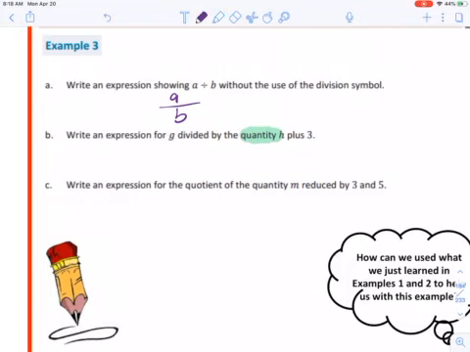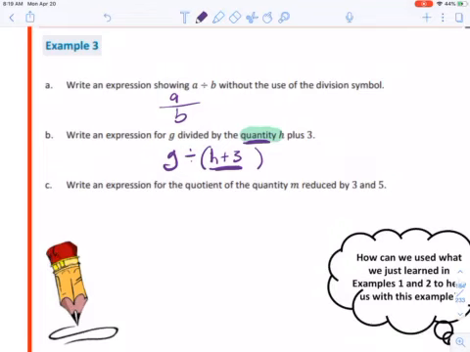So I'm going to write down g divided by the quantity of h plus 3. I'm going to put h plus 3 in parentheses because I want to do this step first before I divide. That's what the word quantity is telling us. It's telling us to find what this is first and then divide. So that's why we're putting that in parentheses.